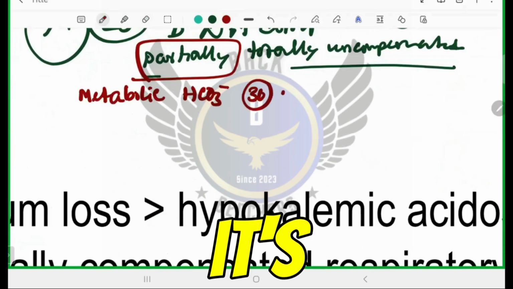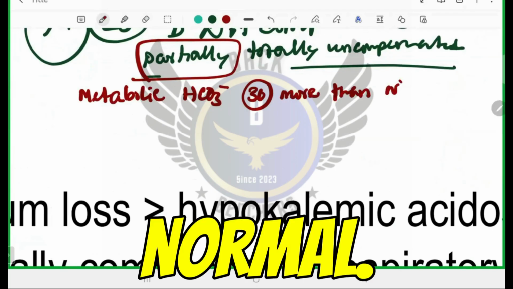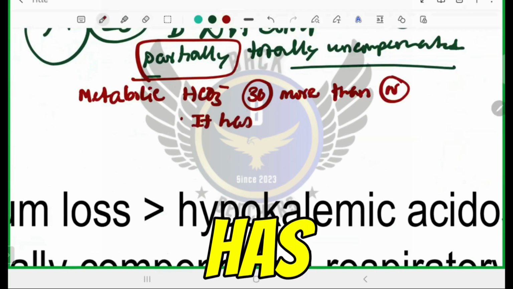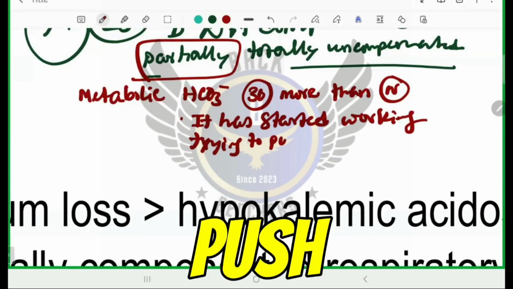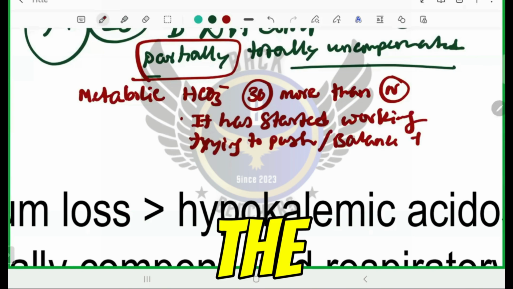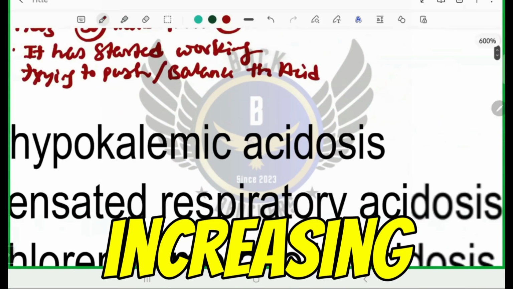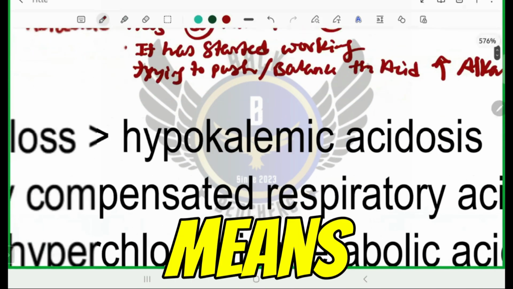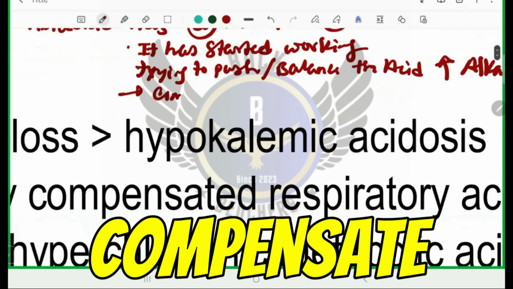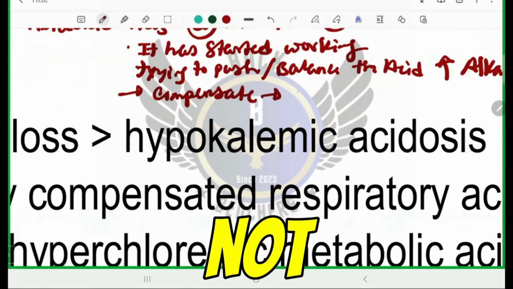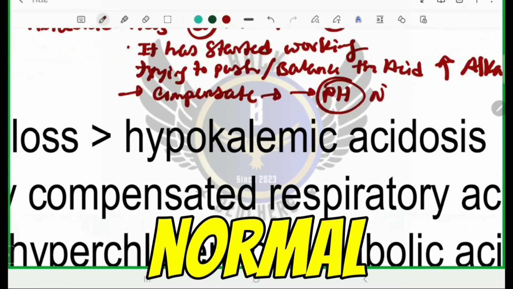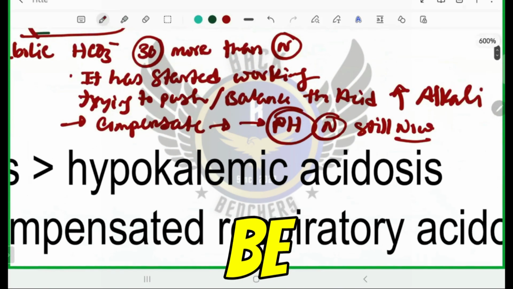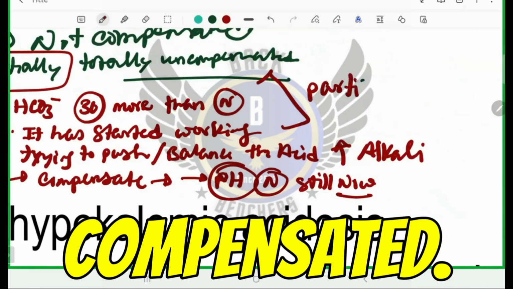That means it's more than normal, so it has started working. It's trying to balance the acid by increasing alkali. It's trying to compensate, but it's still not able to push the pH to normal. So it will be partially compensated.